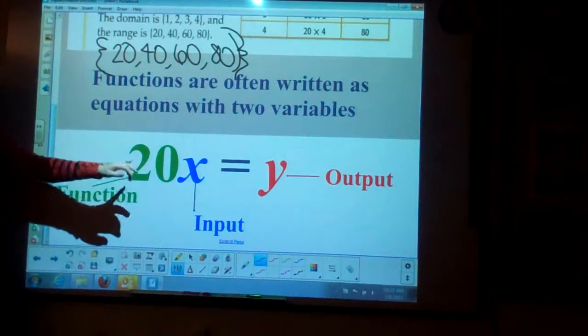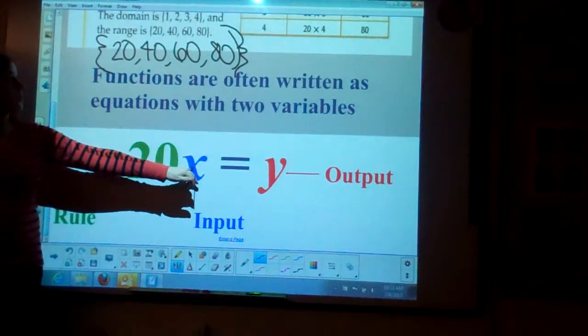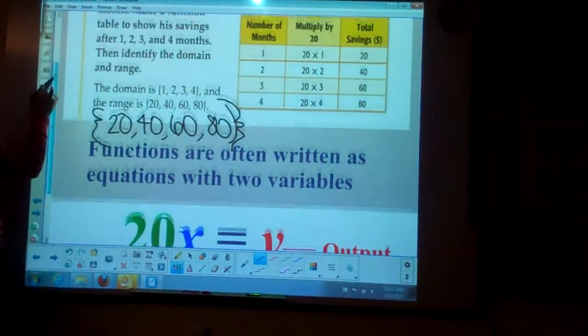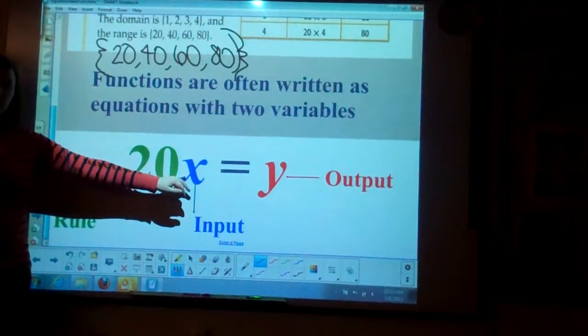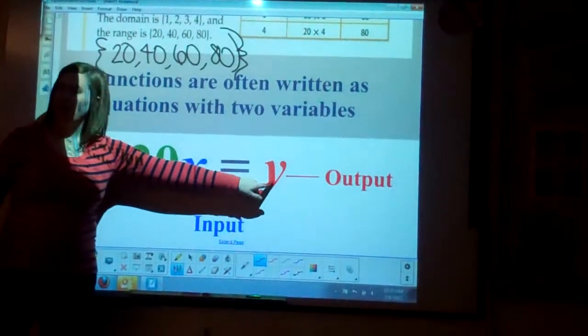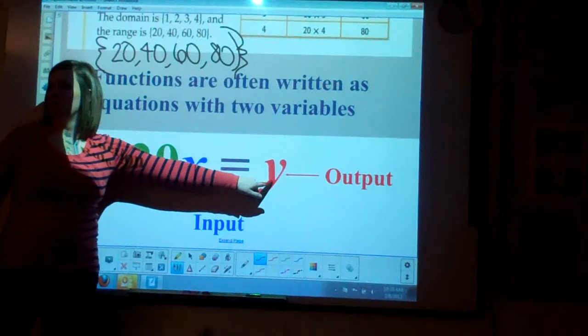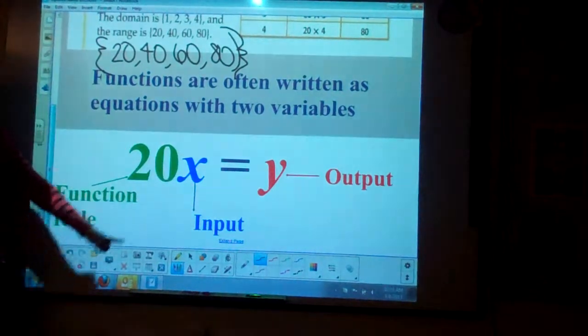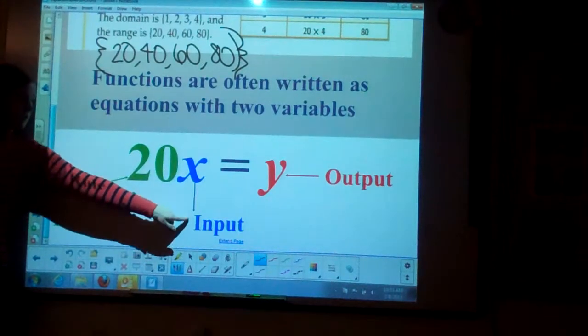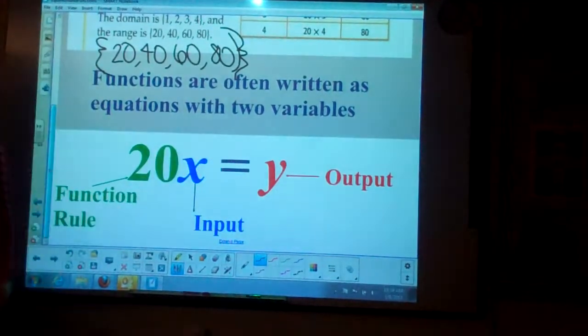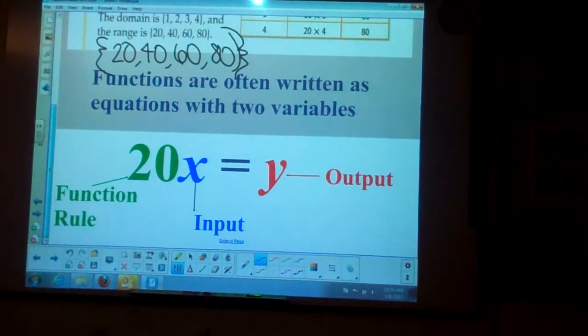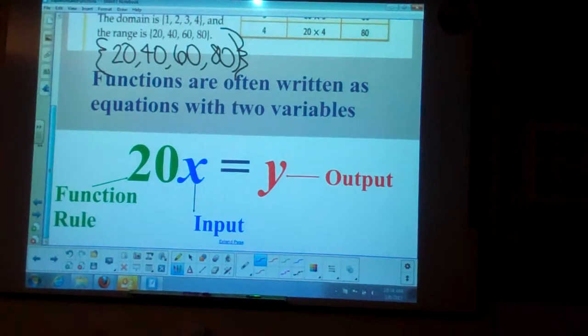So if he works 1 month and makes $20 each month, his output, or his y value, is going to be 20. If he works 2 months, which is another input value, 20 times 2, his output was 40. So we can take those function tables and put them into an equation.